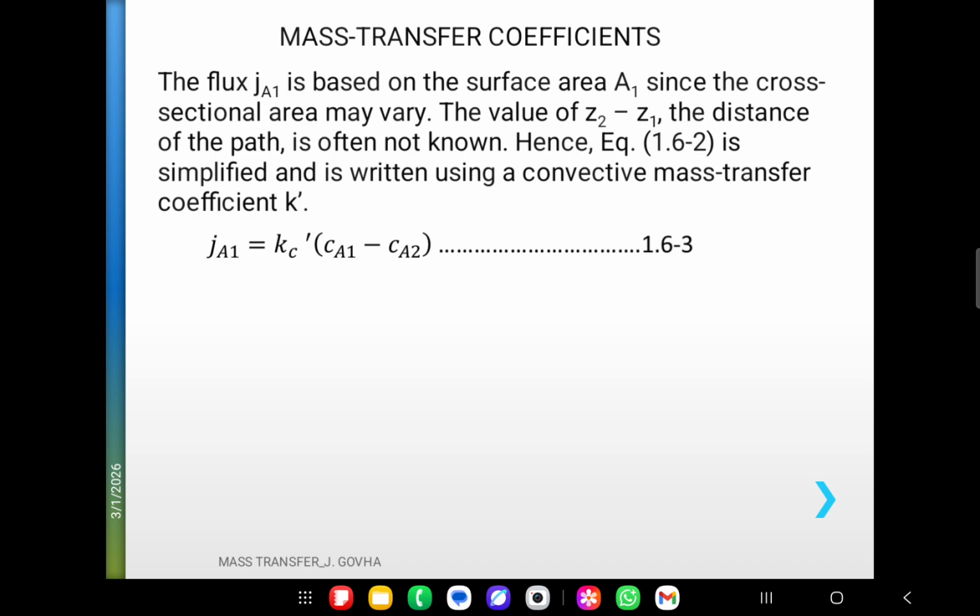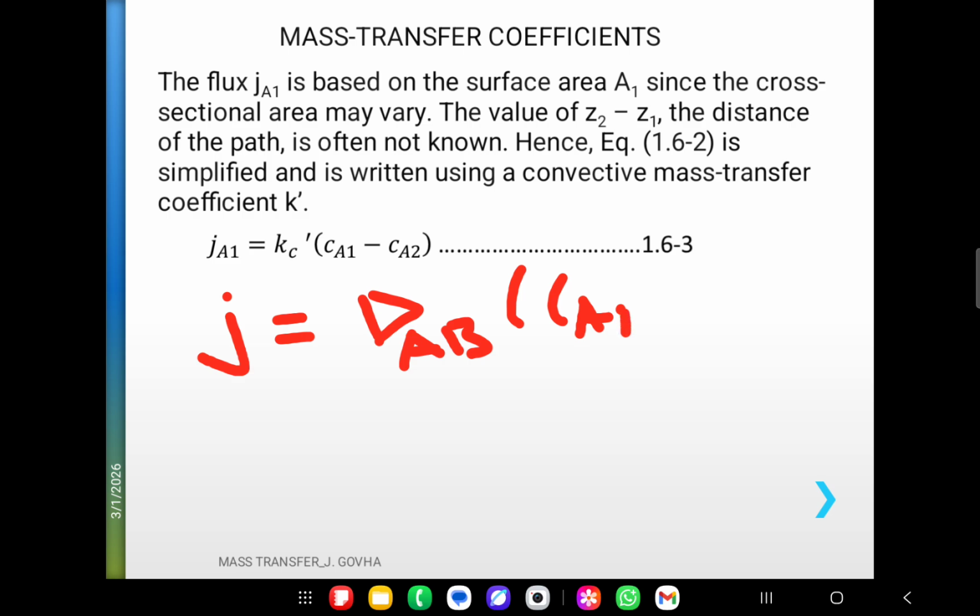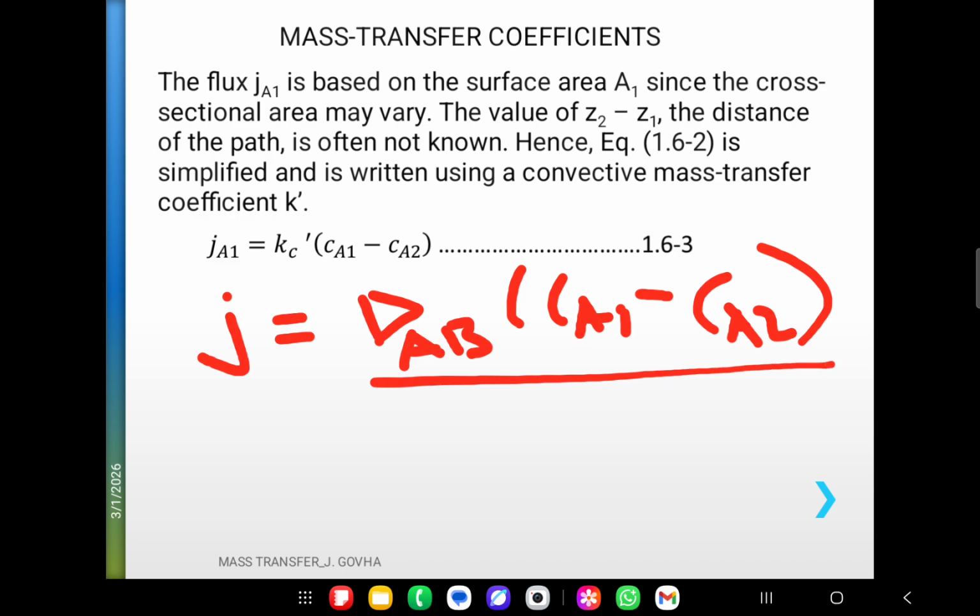Right. So for easy understanding, J is equal to DAB times CA1 minus CA2, all over Z2 minus Z1.